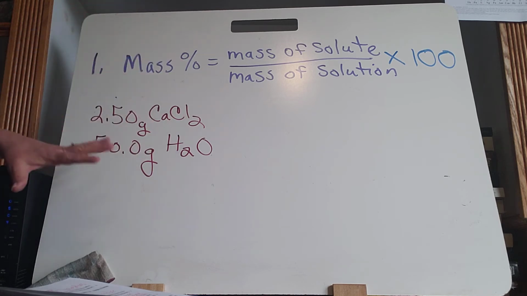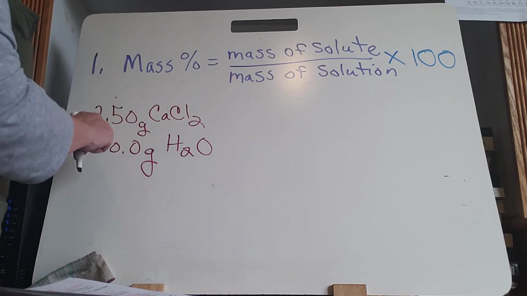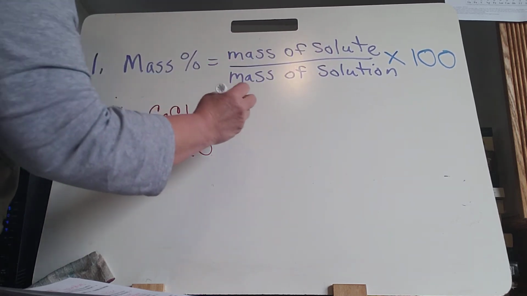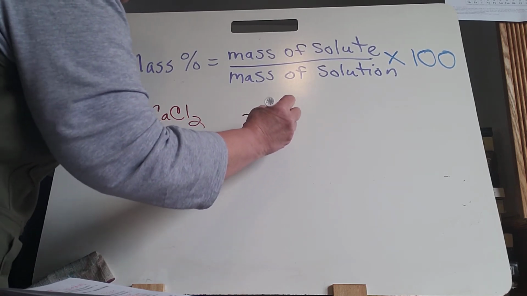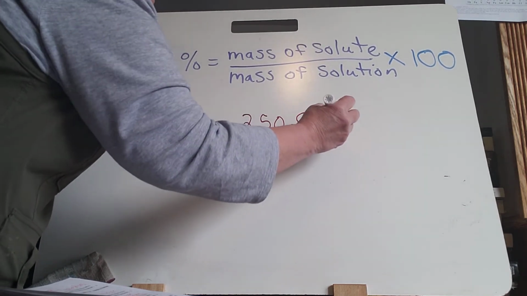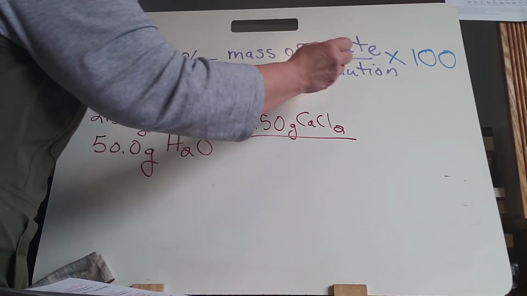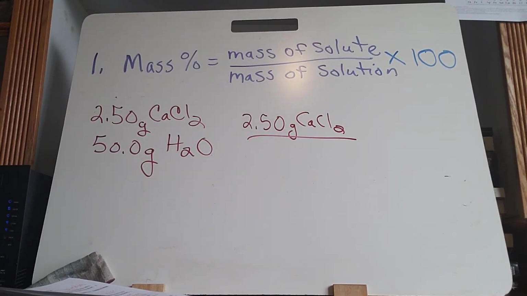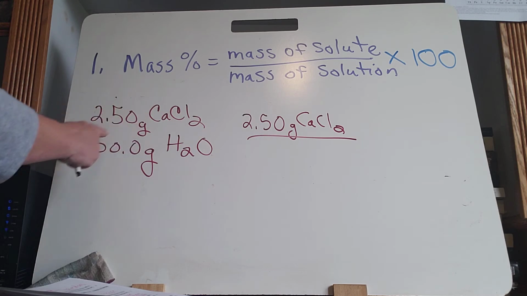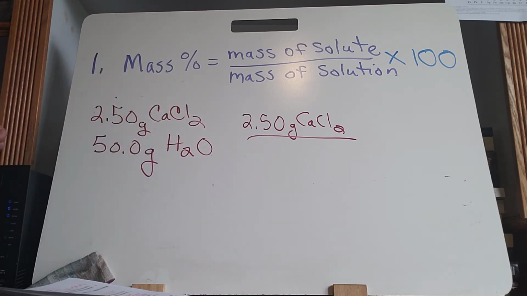So here's my formula. They want to know how much calcium chloride, what percentage of this is going to be calcium chloride. So I'm going to use the same formula. Mass of solute would be 2.50 grams calcium chloride divided by, now here's that trick here, it's a solution. Water is your solvent. Calcium chloride is your solute.